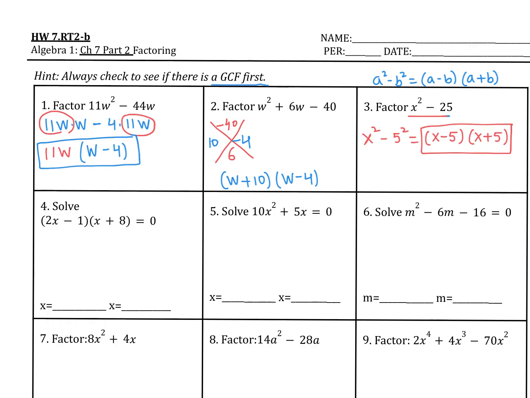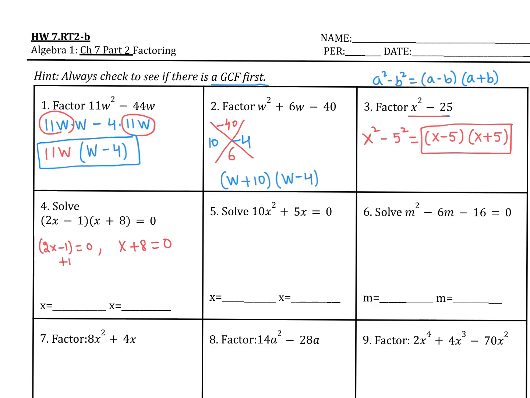So for number 4, if it's asking you to solve, it means it's asking you to find the unknown variable. In this case, the unknown variable is x. To solve for x, you're going to apply the zero product property, which means you put one factor equal to 0, comma, another factor equal to 0, and solve for x.